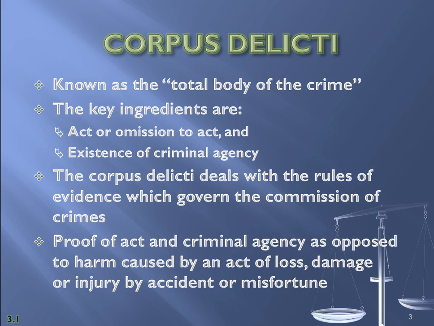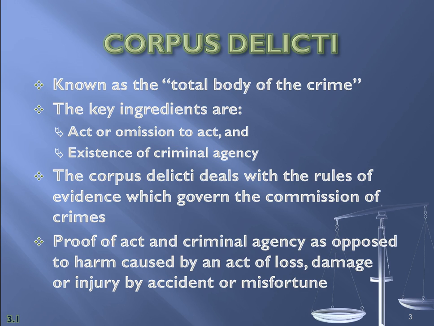And the key ingredients there are the act or omission to act, meaning the failure to act, and the existence of what we call the criminal agency or the person or the suspect. And you might hear the word perpetrator, which means pretty much the same thing.